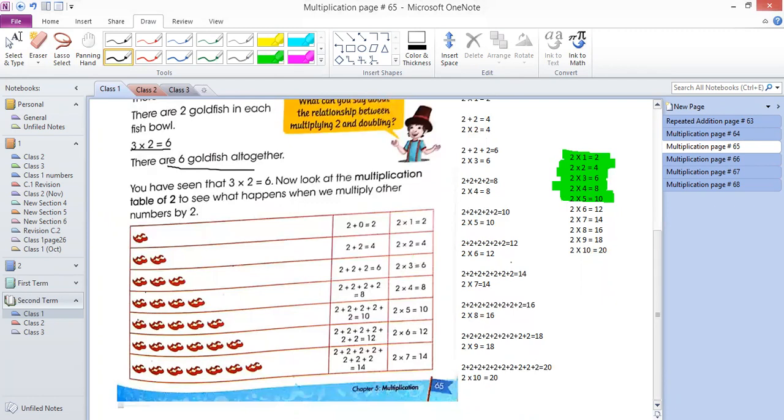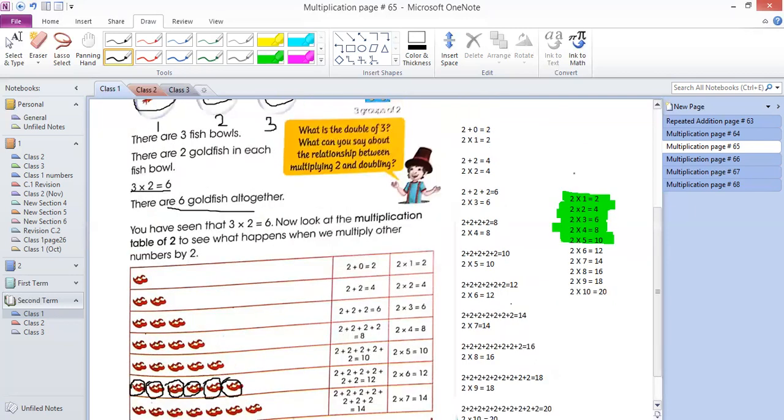So, guys, this is group number 1, group number 2, group number 3, group number 4, group number 5, and group number 6. So there are a total of 6 groups, and in each group there are 2 fishes.